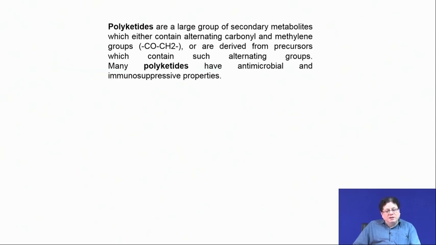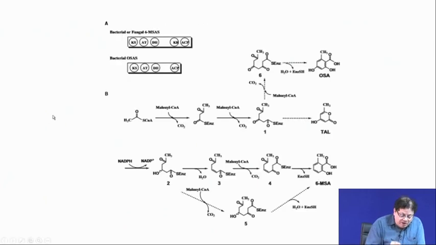One is by forcing the enzyme to accept alternate substrates. The other is by changing the genetic map, which will produce newer enzymes, and then you can get newer types of metabolites. Okay.